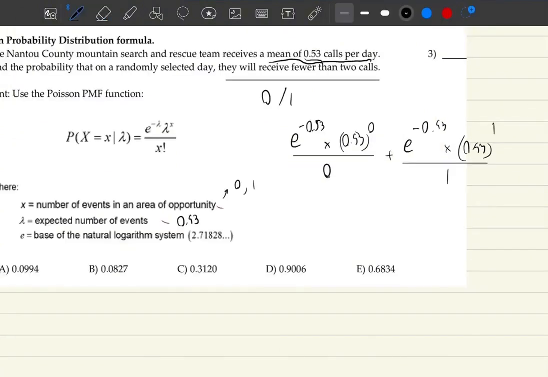So we're gonna calculate by using a calculator. So this will equal to 0.311196.